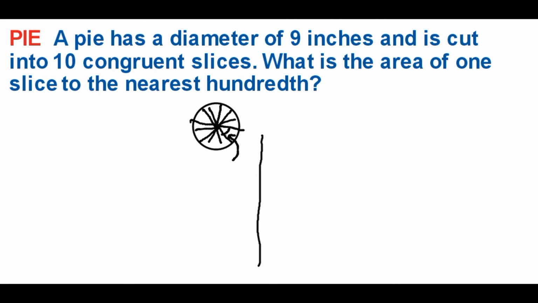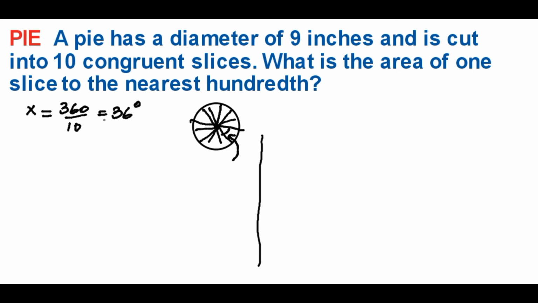The total of the central angles for all these 10 slices is 360, since that is the central angle for the whole circle. So we need to divide that by 10 to get the central angle for one. So x, which is the central angle, is going to be 360 divided by 10, which is 36 degrees.